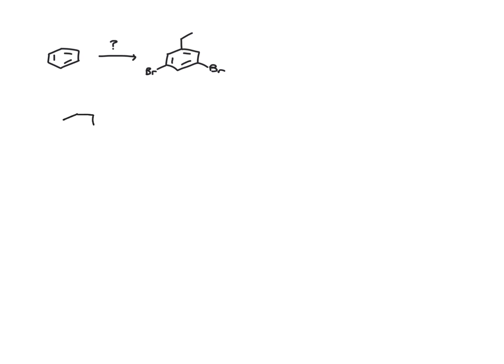If you have this acyl group and you try to do a bromination, that will work just fine to add a bromine meta.